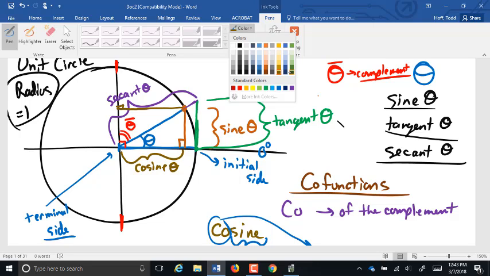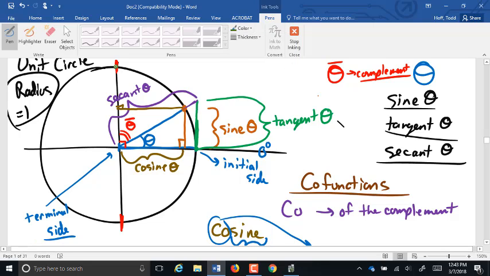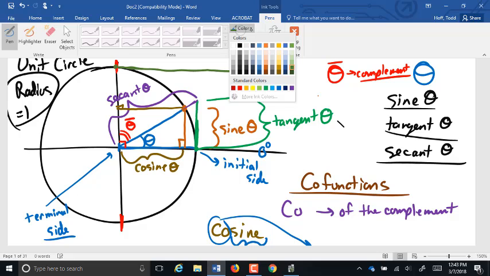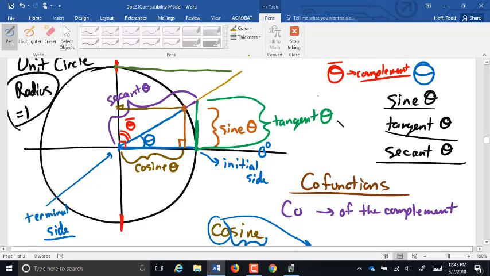The cotangent has to be tangent at that reference diameter, which is going to be up here. So that's going to go out like this until it intersects here. That is the cotangent of theta.